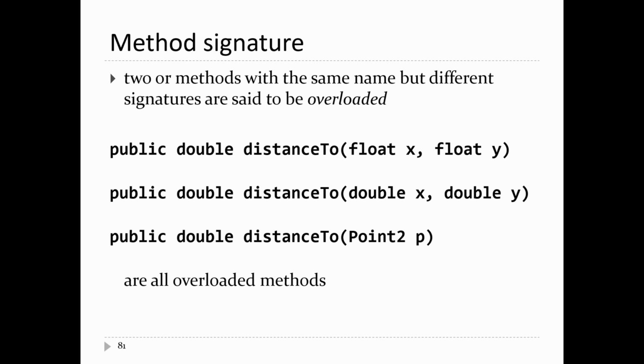Okay, so if you have two methods with the same name in the same class, those methods are said to be overloaded. Right? So that's the term overloaded. You have to be careful with this term because there's another term called overridden, which means something completely different, right? So it's important to be clear, overloaded means multiple methods, same name in the same class.